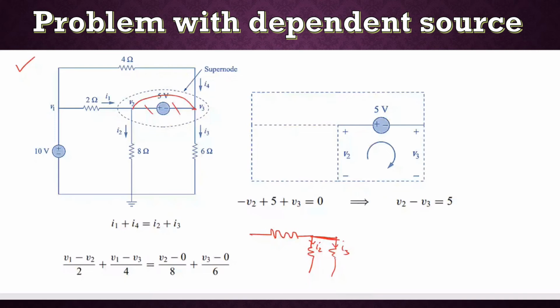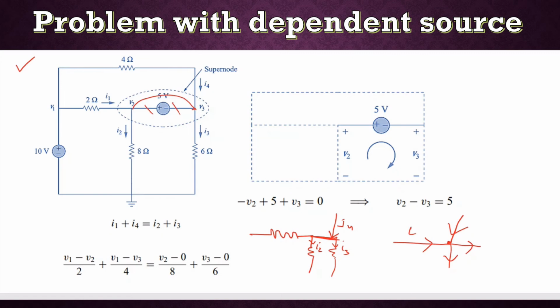Now apply KCL at the open node. I4 is coming like this. So at this open node, I1 is coming, and I2 and I3 are leaving, and I4 is entering the node.